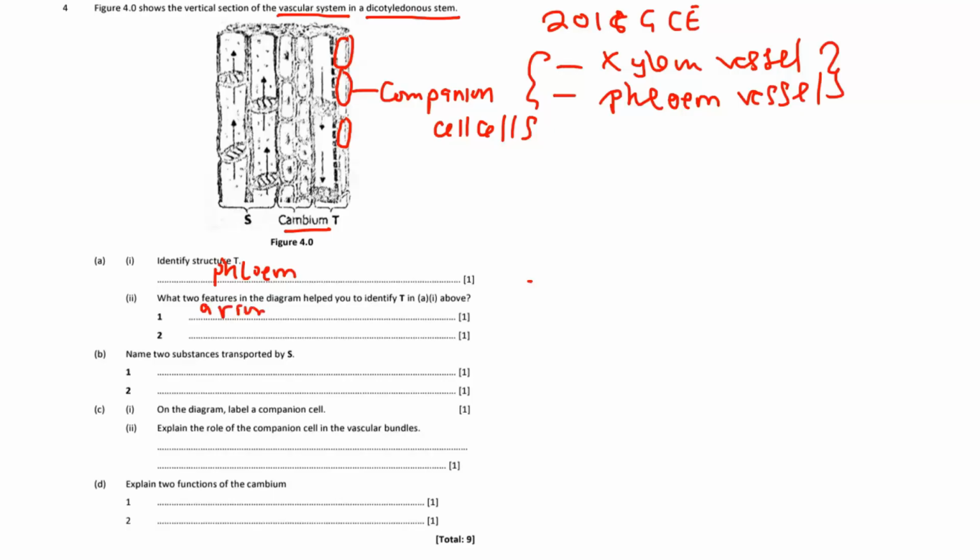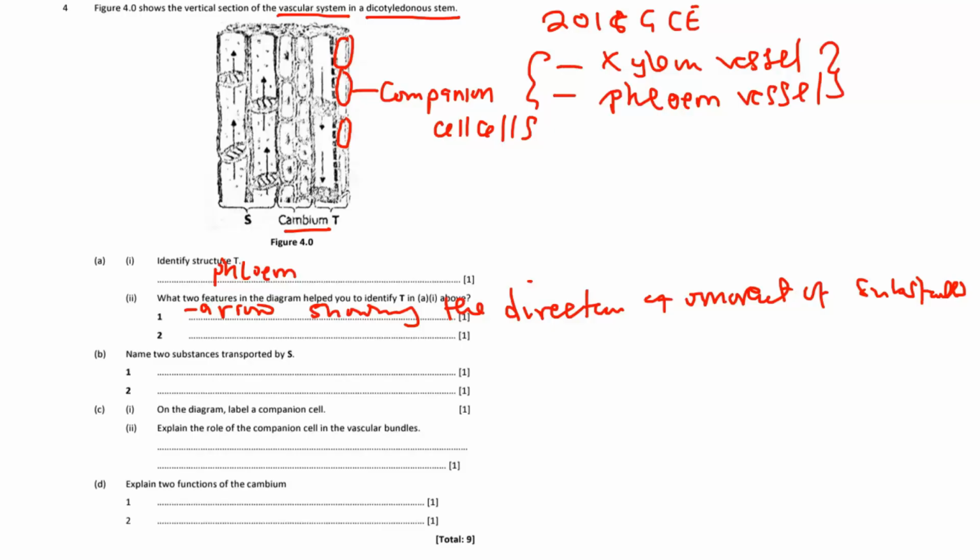So one, arrow showing the direction of movement of substances. Okay, the direction of the arrows, where are they going? Downward. So that is one feature that helped us. Then aside from that, presence of what?